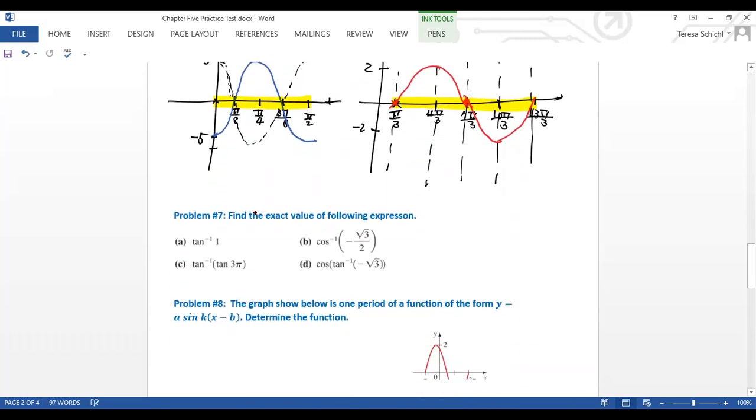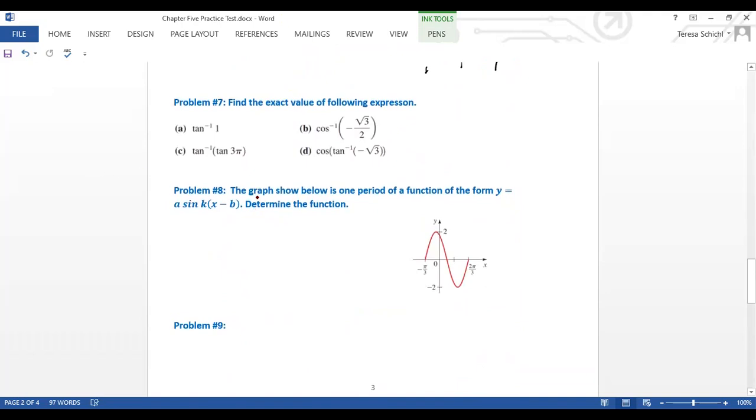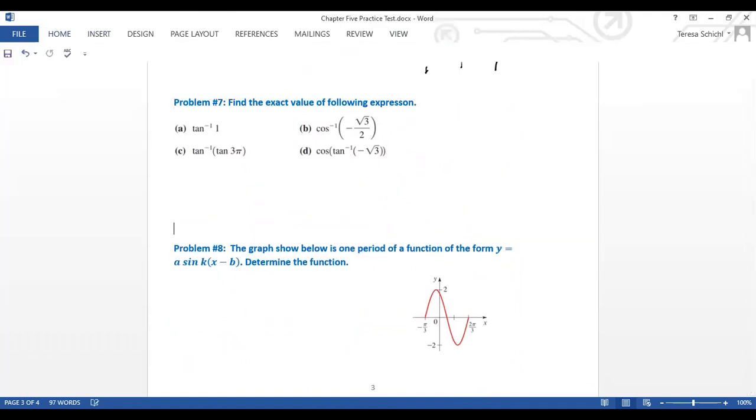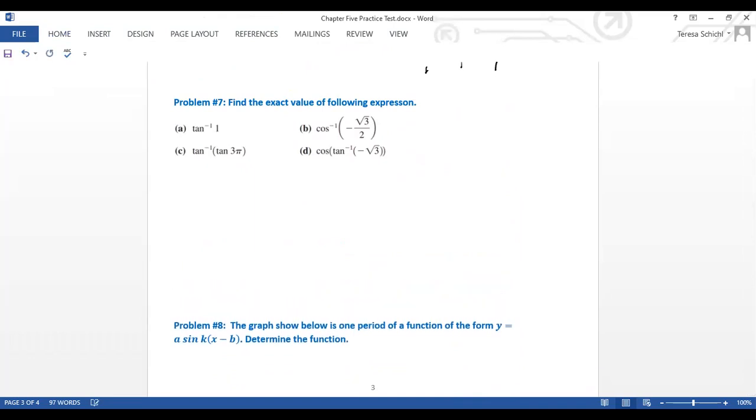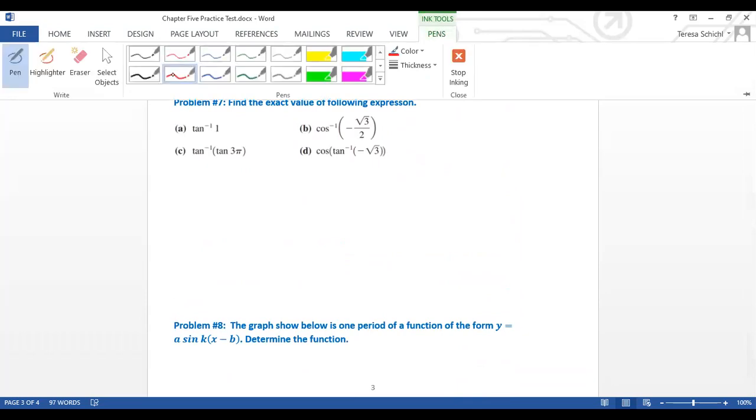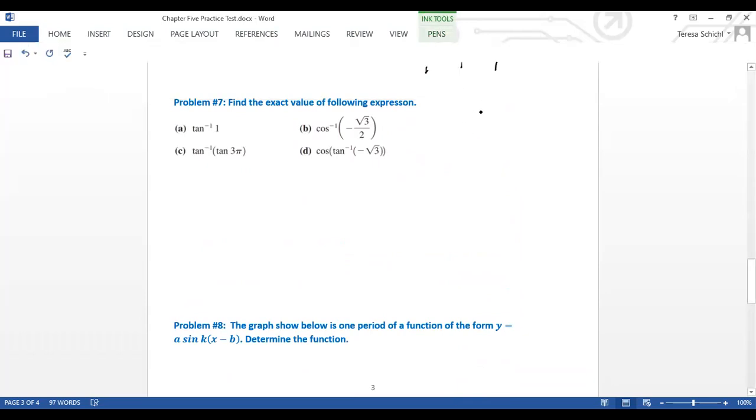Okay, now this is another one, the inverse functions here. For the inverse functions, remember the key things we keep emphasizing during the lecture, all right? We have restricted domains, right?